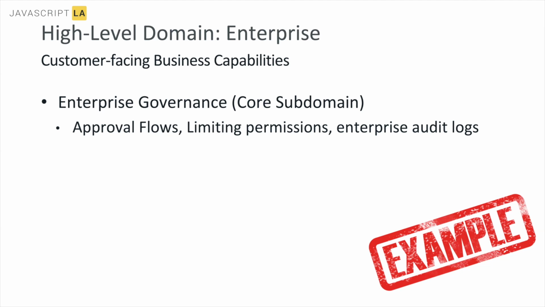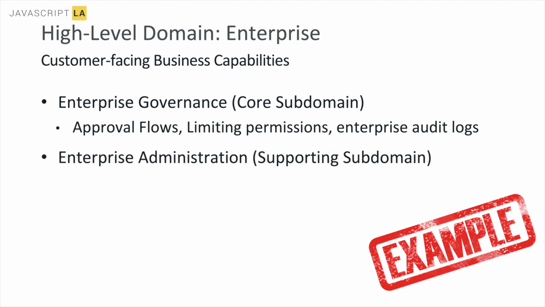It might be limiting permissions, only allowing certain users to access certain things. Or it might be having a log of activities, so an admin can go in and see everybody who's changed a split, or things along those lines, right? This is probably also key to how you can sell to larger companies that care about a lot of these things. So it probably still falls into a core subdomain, but this is clearly a completely separate area.